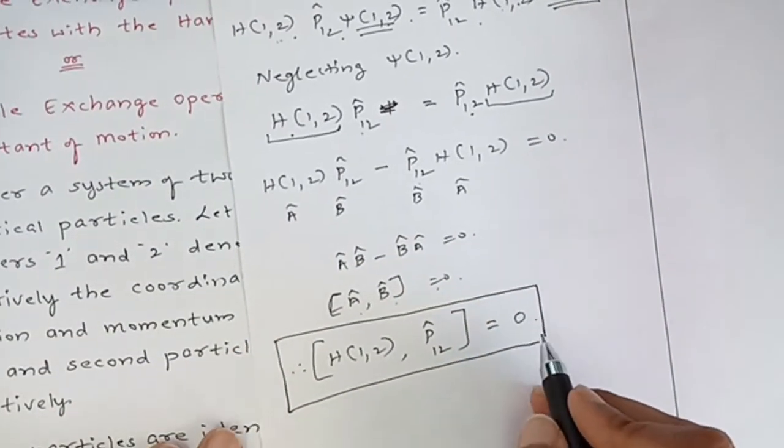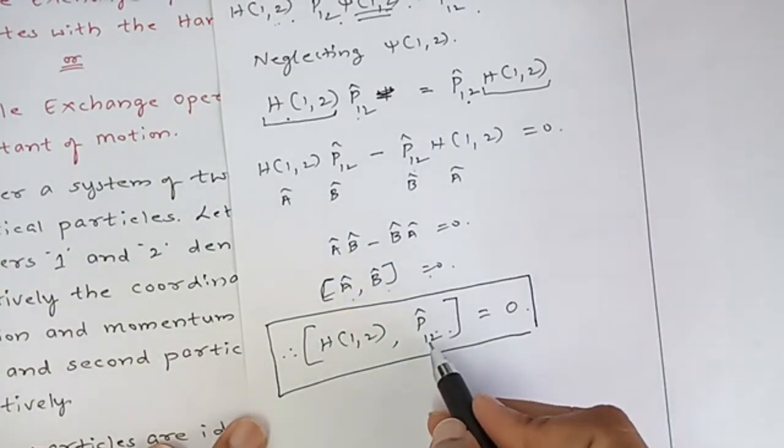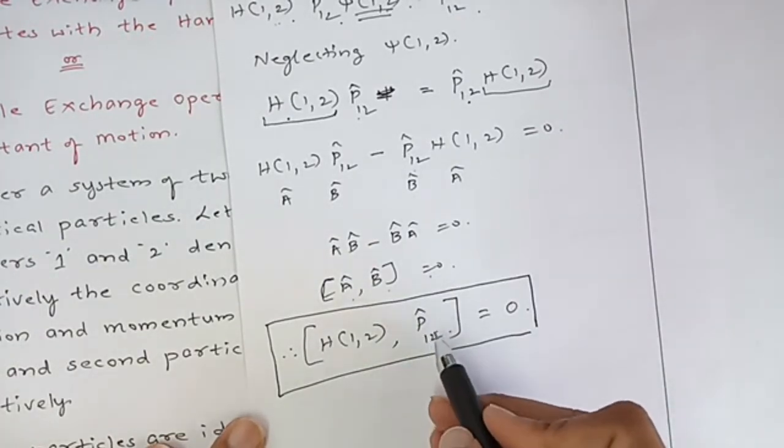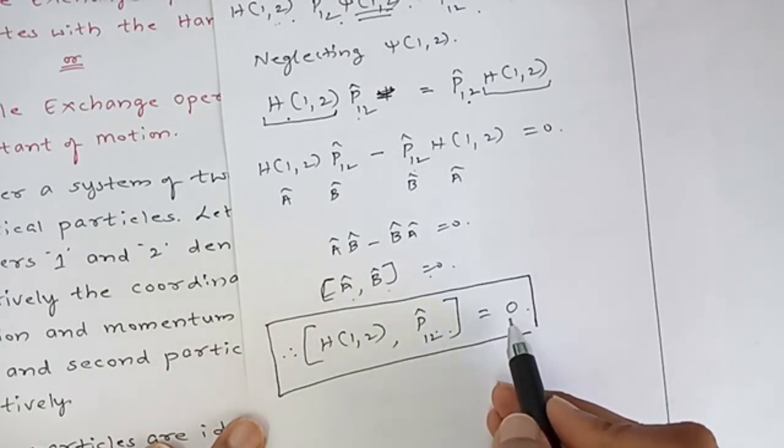Now, if we look at this one, here we have the particle exchange operator and its commutation with the Hamiltonian is 0.